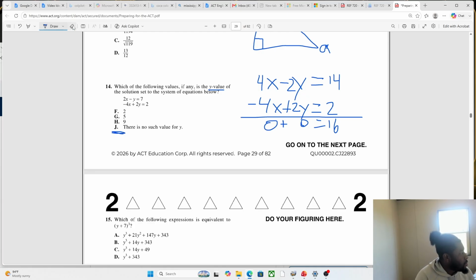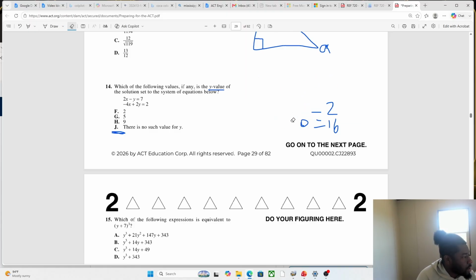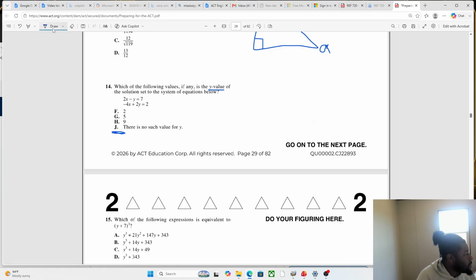So another way we could have done this, if you need to take notes, pause it. We could have put them both into slope-intercept form. So solve for y, trying to get it to look like y equals mx plus b.